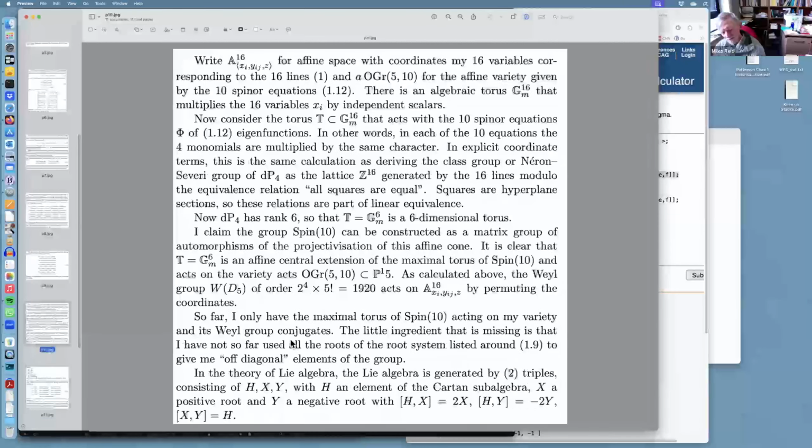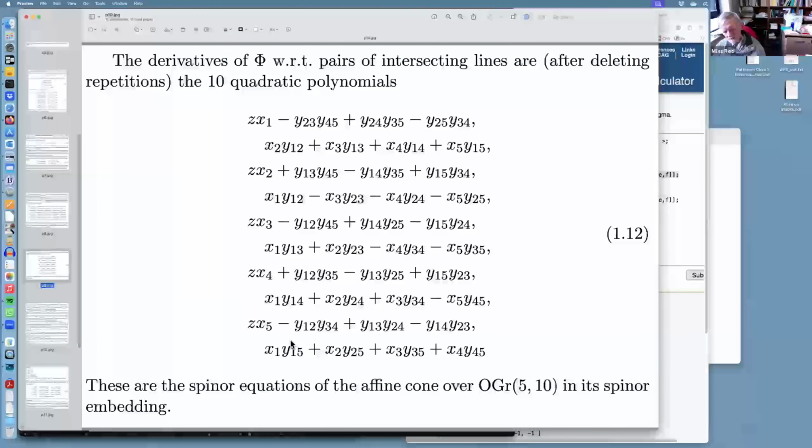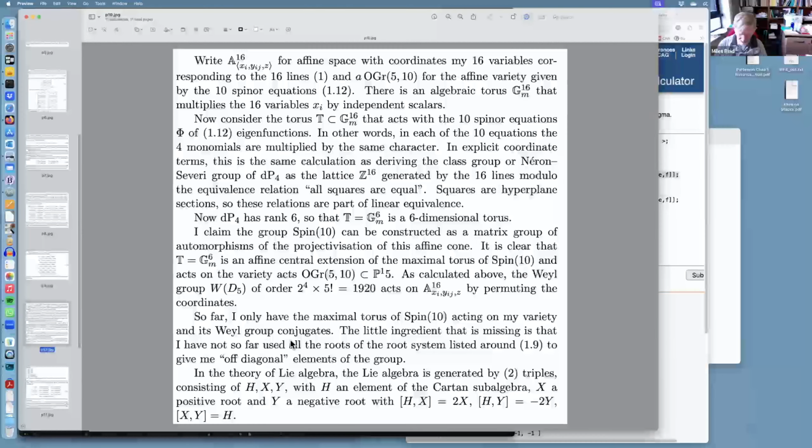So in Lie algebras, Lie algebras are on the whole easier than groups because they are linear. A Lie group has a Lie algebra, which is more or less the tangent space at the identity element.